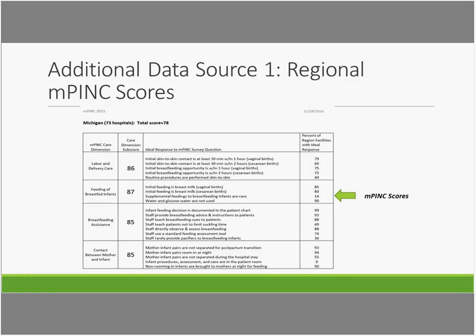This is going to go through, and I think we'll just jump right in. First additional source that we'll send is the regional MPINC score, and these are scores of a hospital's degree of support for breastfeeding. These scores are available at the regional level. You'll see when you see the report by prosperity region specifically.